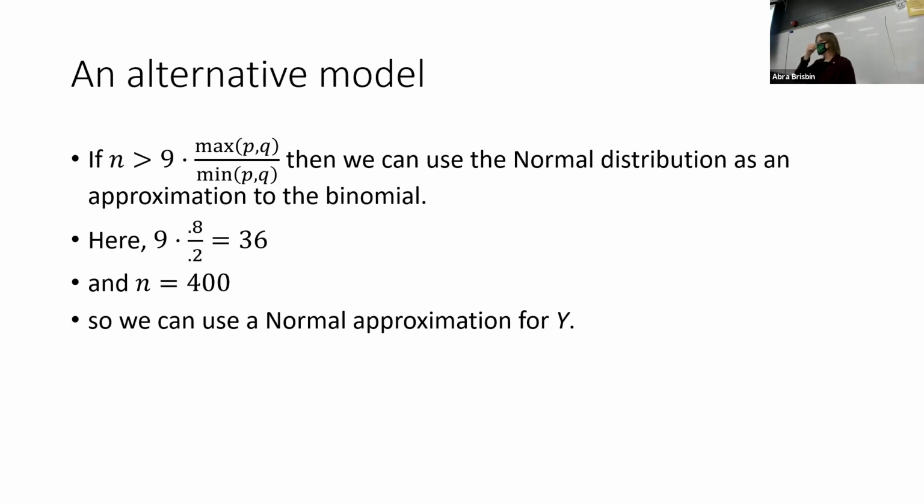That's often a little bit easier than using binomial CDF. If your alternative hypothesis is two-sided, that means you don't have to calculate two probabilities and then add them together.